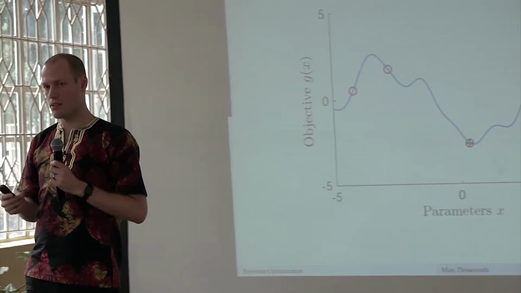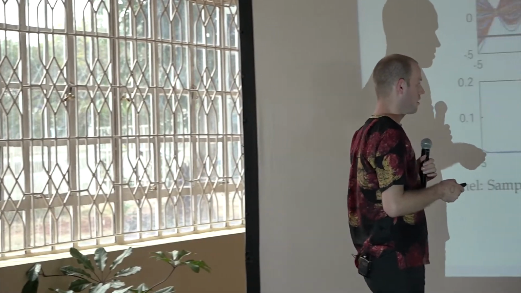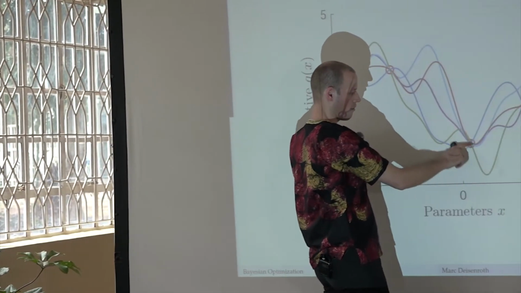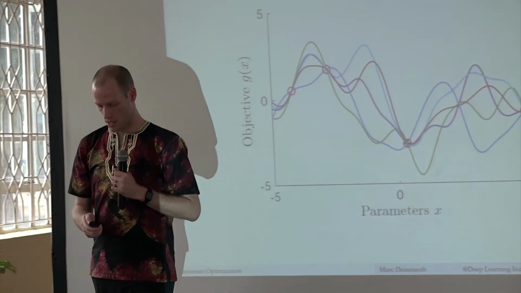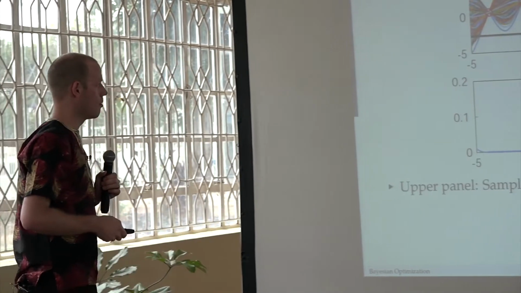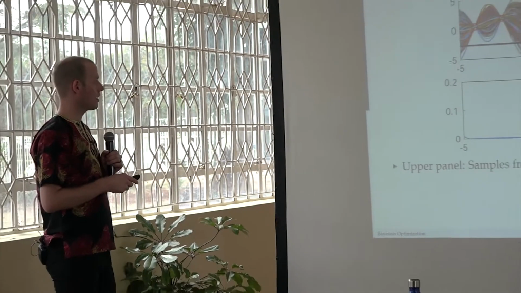I can now sample from my Gaussian process and generate a bunch of functions here. You can see that some of these sampled functions have lower function values at this cross.